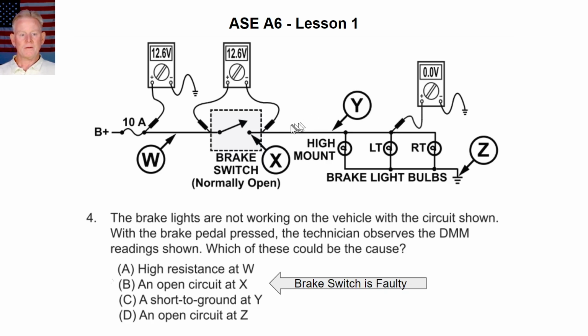And then this one here, well, if this is grounded and this has power, wait a minute, that could be a short to ground at Y. And then, wait a minute, over here though, we have 12.6 volts and it's right after a fuse. And remember, the brake switch is in the closed position, because the brake pedal is applied.